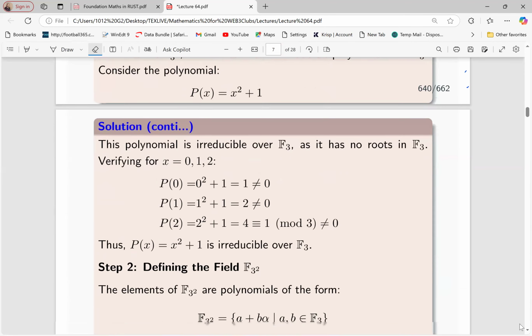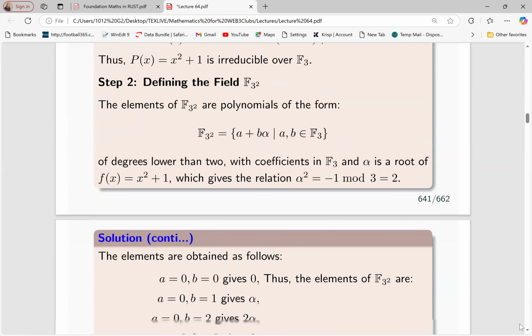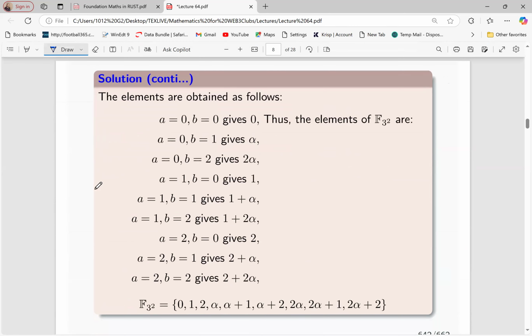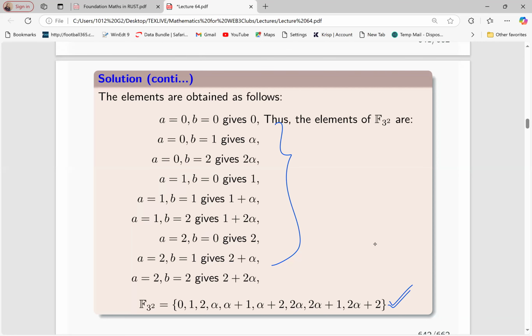So let's do addition first, then we'll come back to the polynomial just to see how to come up with one. This we've already done. I was just getting the elements of this field, this extension, and then I said these are the elements of the extension.